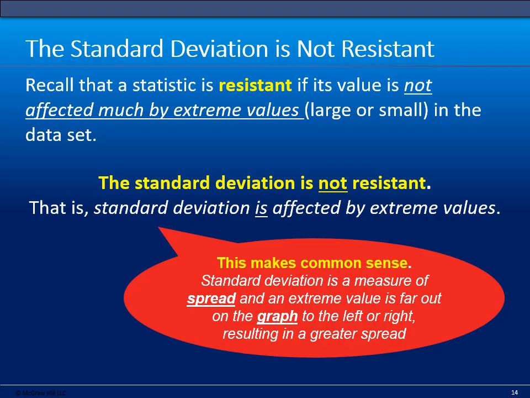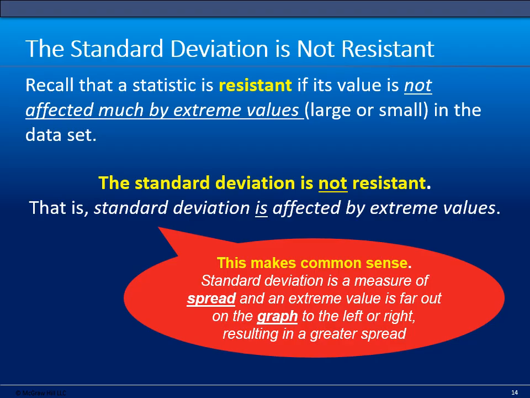So standard deviation, even by the definition of it being a measure of spread, it just doesn't make sense that it would be resistant, because the idea of resistance is that when you have a larger spread, that data point doesn't really get affected much. That's if it's resistant. But of course, if you're measuring spread, if the spread is larger, your measure is going to be larger. So the idea of resistancy for standard deviation doesn't make any sense.